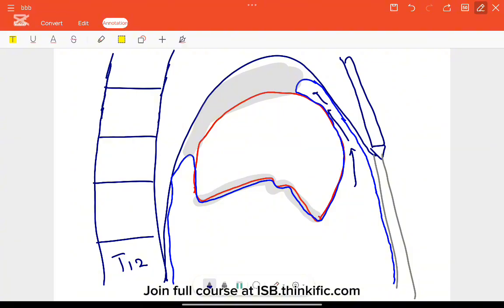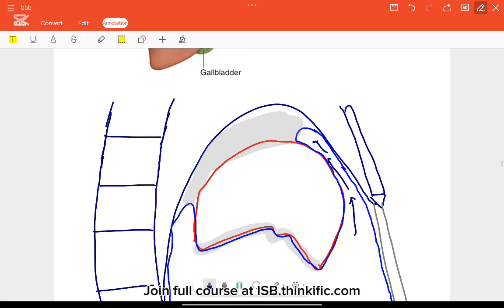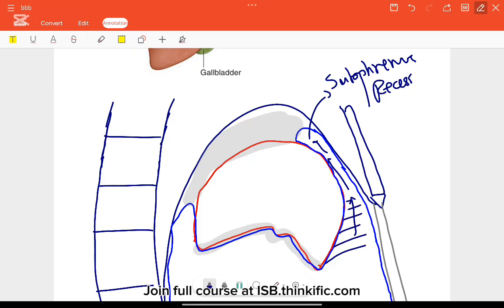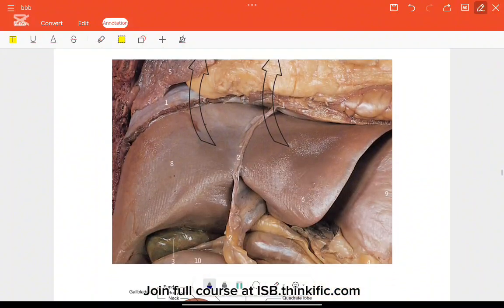This space is called the subphrenic recess. Now, the subphrenic recess has divisions because there's another fold of peritoneum which connects the anterior surface of the liver to the anterior abdominal wall, the rectus sheath.